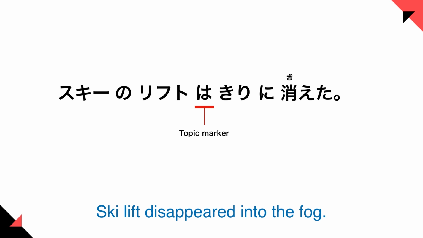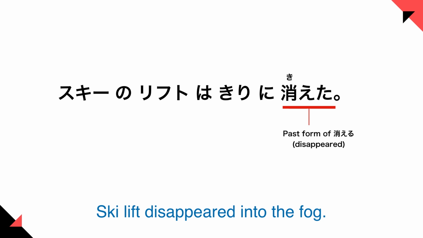Next, は is a topic marker. So talking about ski lift, 霧 means fog. に is a particle that indicates direction in this case. So, 霧に means into the fog. And then 消えた is a past form of 消える. In this case, it means disappeared. So, talking about ski lift, it disappeared into the fog.